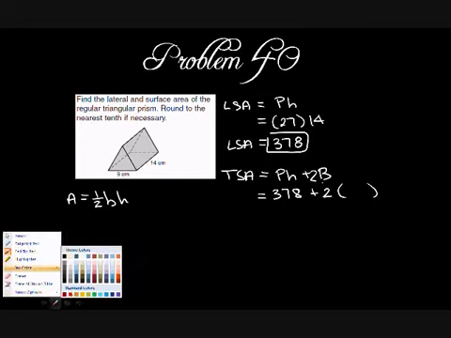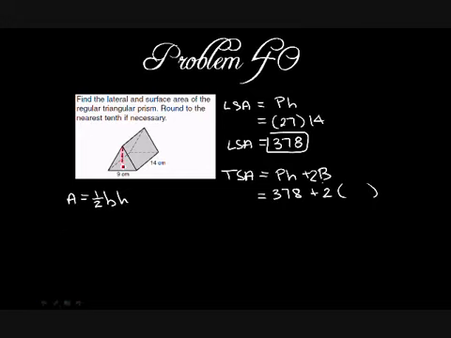And the problem is that we don't have the height of this triangle. So that's what we need. You see that I've basically just drawn a right triangle. So this is 9. We don't know this. And this distance down there would be half of 9, which is 4.5.